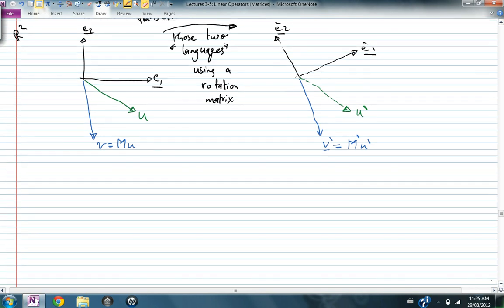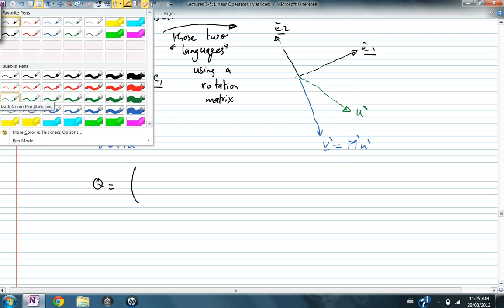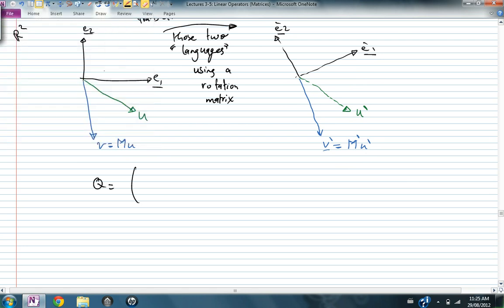So how can we make that Q? Q is made as follows. I'm going to take E-1 and put it here, and E-2 and put it here, and I'm going to find the first component of E-1, the second component of E-1, the first component of E-2, the second component of E-2.